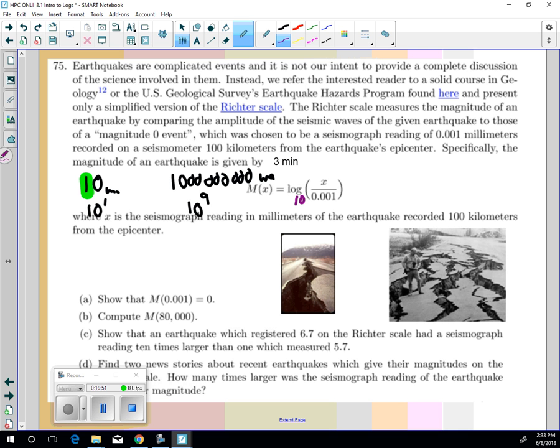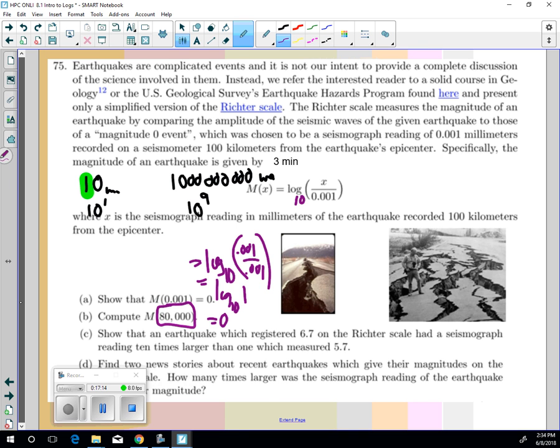It says show that m of 0.001 equals 0. So log base 10 of 0.001 over 0.001 should be equal to log base 10 of 1, which is 0. Good. You can put 80,000 in your calculator and see what that comes out to be.